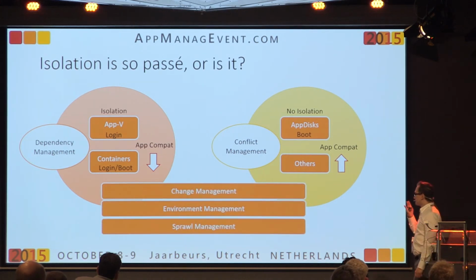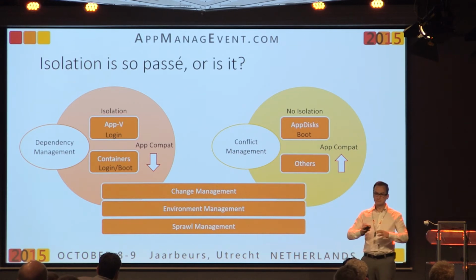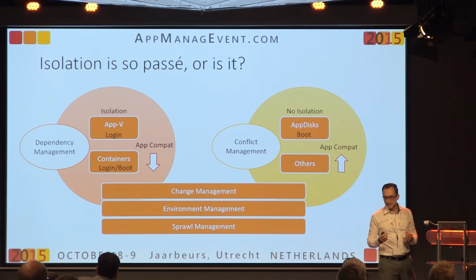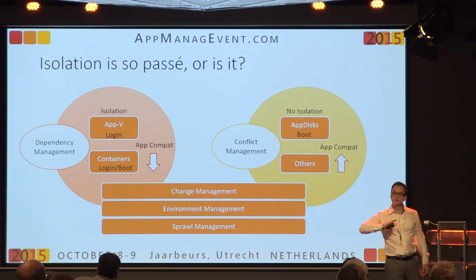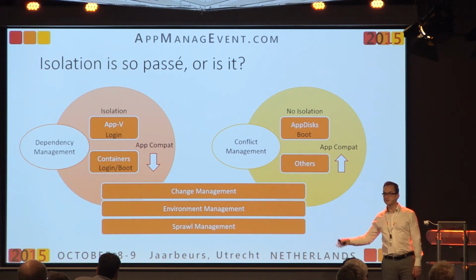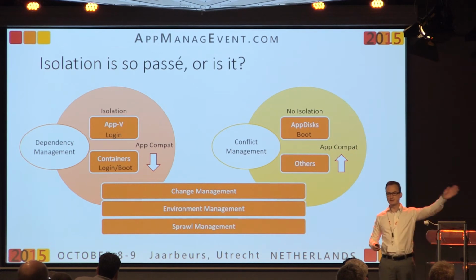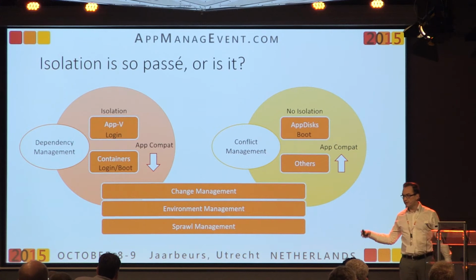One of the other things to consider is that the application in isolation brings a lot of complexity. But over time, there are other aspects that just drive the complexity within managing applications in an organization up. There's change management. I need this app this month, and I don't want to use that app anymore. How do you deal with that? Environment management.